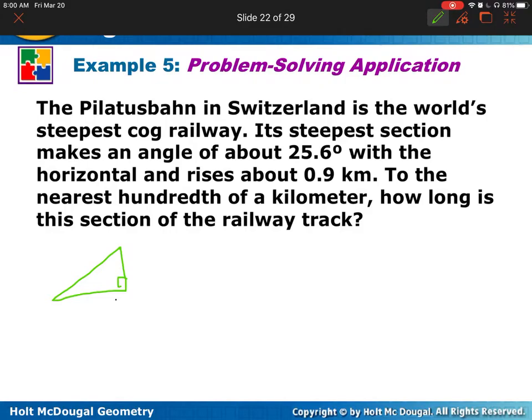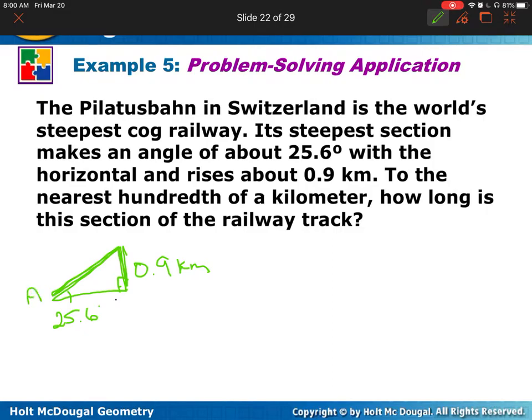The steepest section is 25.6 degrees with the horizontal and rises of about 0.9 kilometers. So this is going to be our horizontal rise here. And it says, to the nearest hundredth of a kilometer, how long is this section of the railway track? So it's actually asking for our hypotenuse.